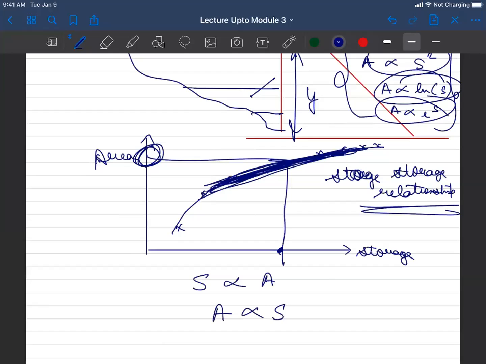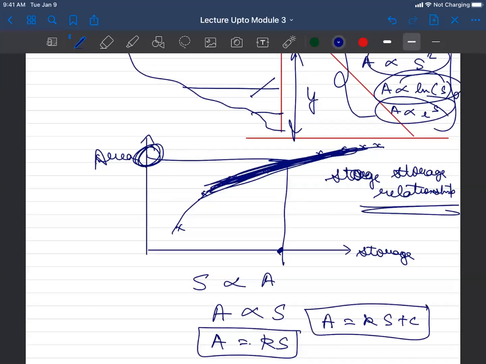If A is the dependent variable and S is not, then A is proportional to S. Can I say that A equals KS without any loss of generalization? Can I also say that A is equal to KS plus C without loss of generalization?